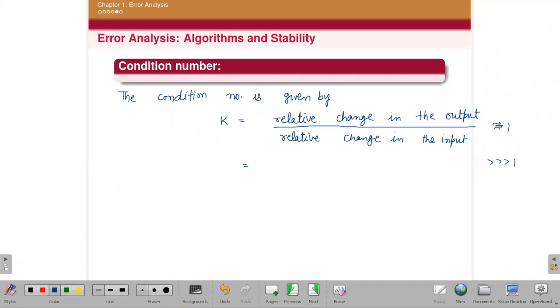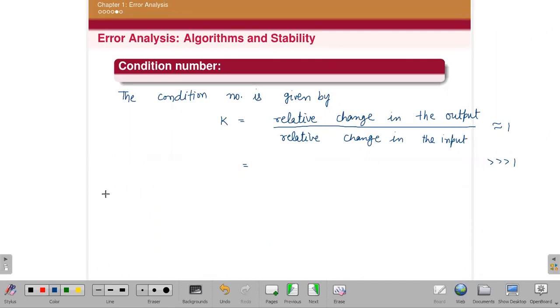But if it is near about 1 or less than 1, then we can say our condition number is fulfilling that criteria. So with the help of this condition number, we will be able to find whether the algorithm is stable or not, and whether the problem is well conditioned or ill conditioned.